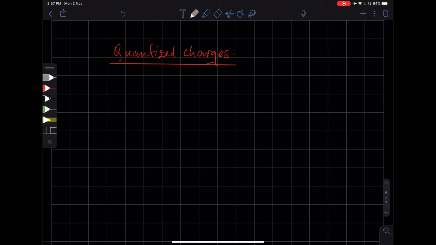So when we want to quantize our theory, what we do is that we take the charges and we replace all the fields, say phi and pi. So these are the classical fields.